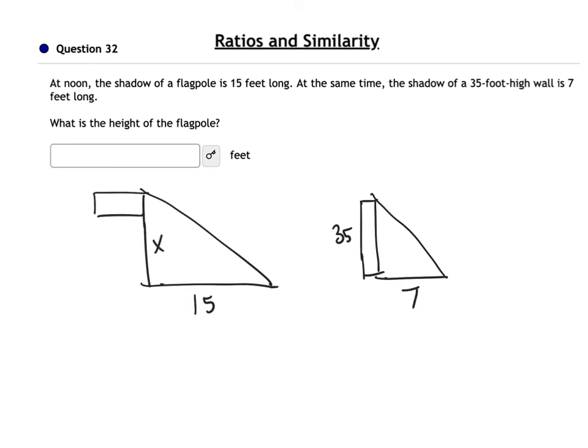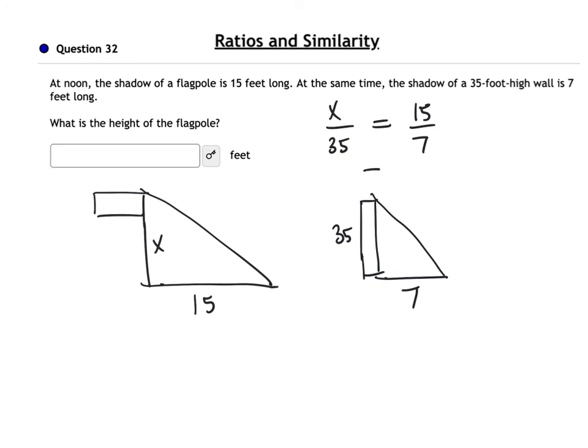I need the height of the flagpole. These are similar triangles as long as it's the same time of day. I know that x corresponds to 35, the height of the wall. Back to the same triangle with the x, as 15 corresponds to 7.